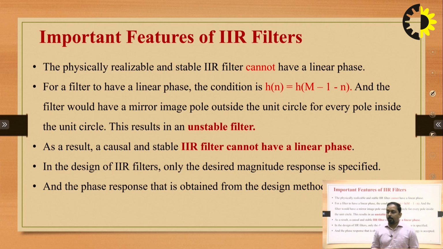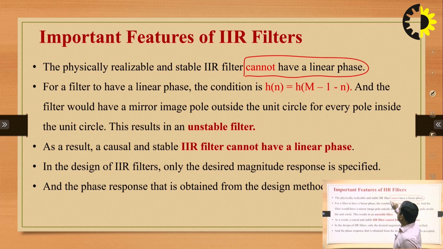Now in short we will see what are the important features of the infinite impulse response filter. First is, it is physically realizable, and a stable IIR filter cannot have a linear phase, as we can see in the case of FIR.